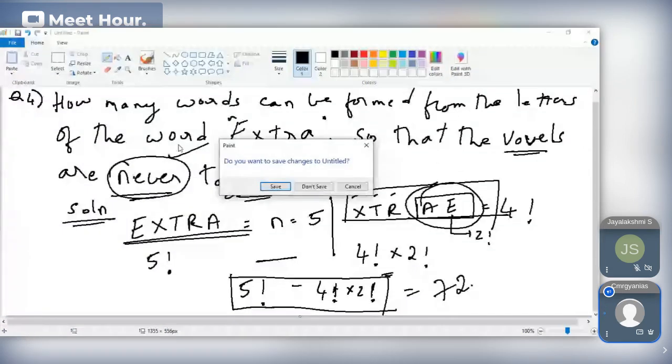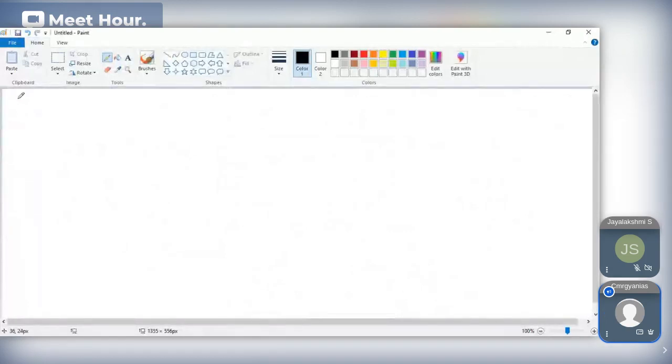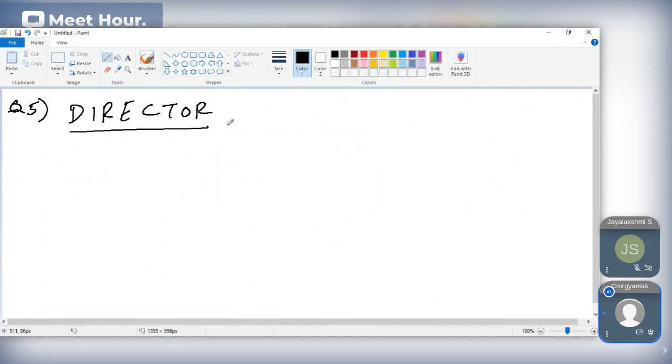Now, one more problem you try to solve on your own. Question number 5. The word is DIRECTOR. In this word DIRECTOR, how many words can be formed?